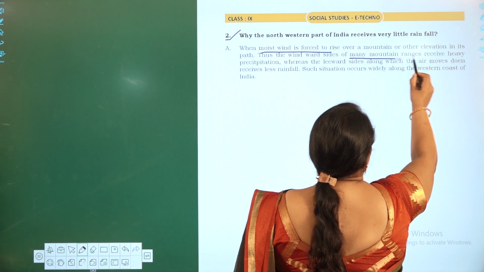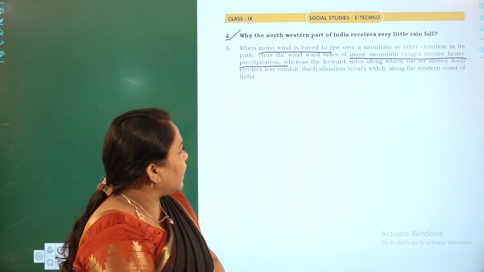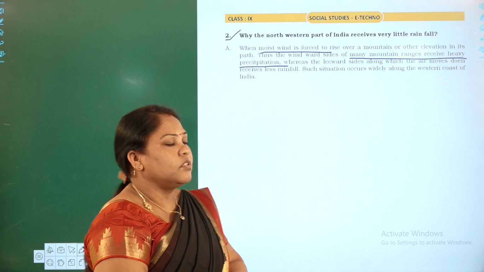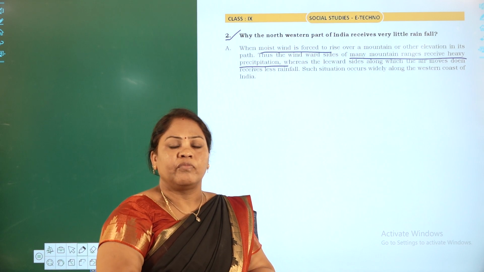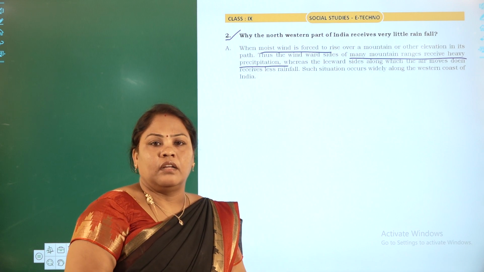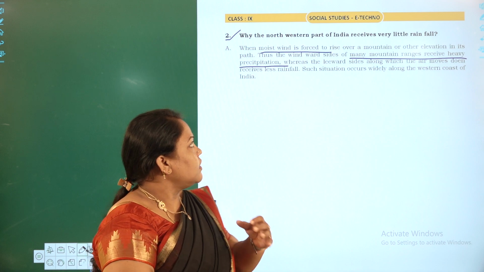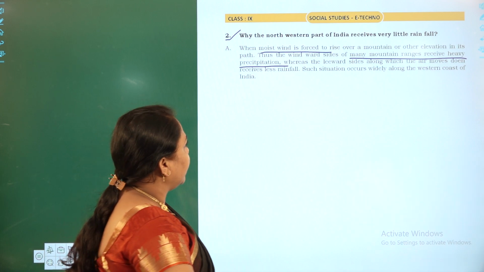Many mountain ranges receive heavy precipitation, whereas the leeward sides, where the air moves down, receive very less rainfall. Because of that reason, that is the leeward side of the many mountainous regions, we could see a very little amount of rainfall.